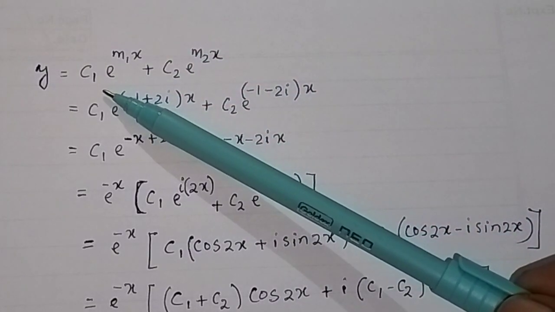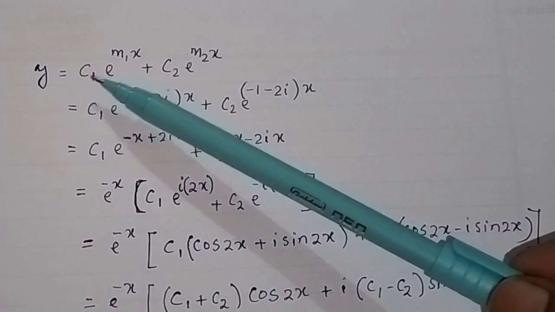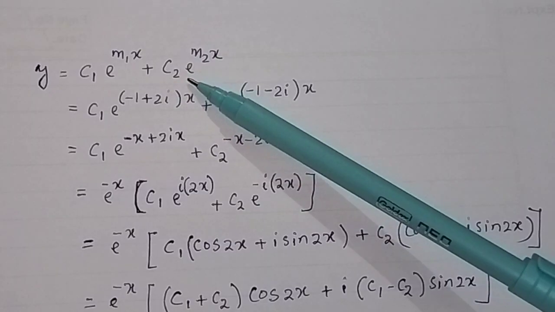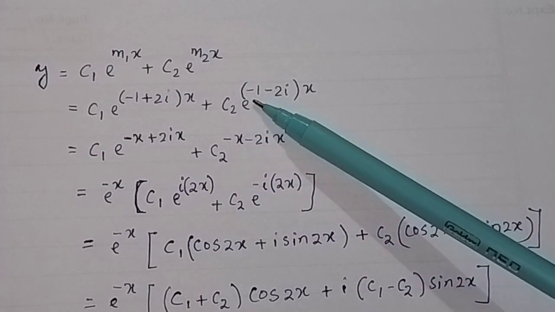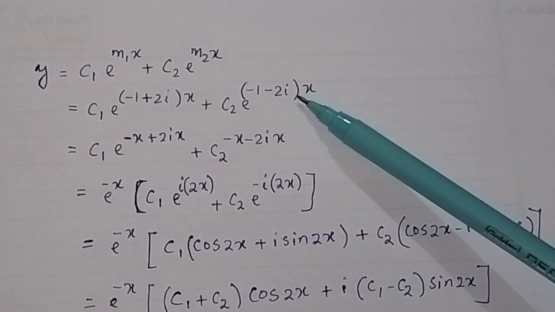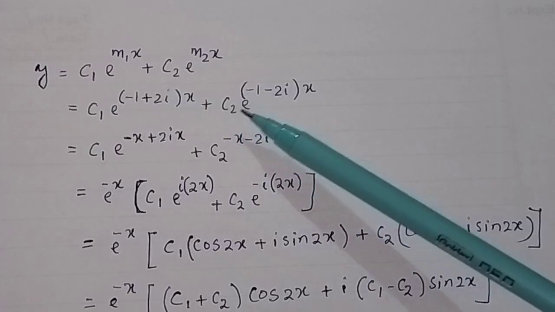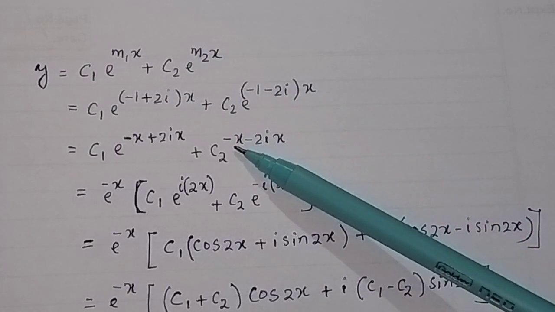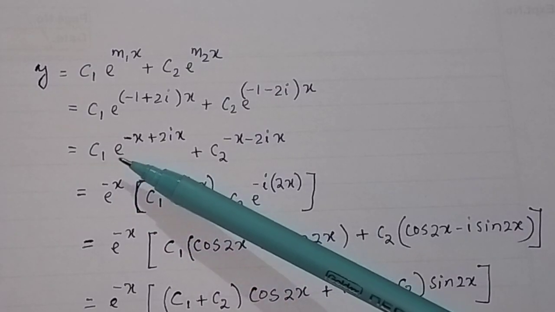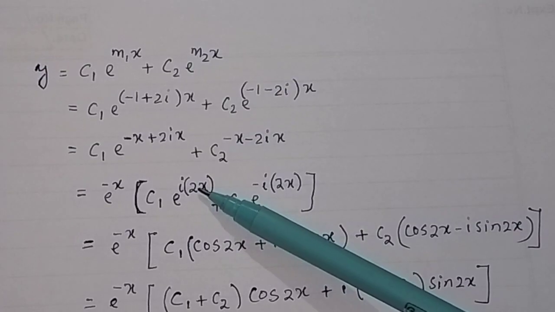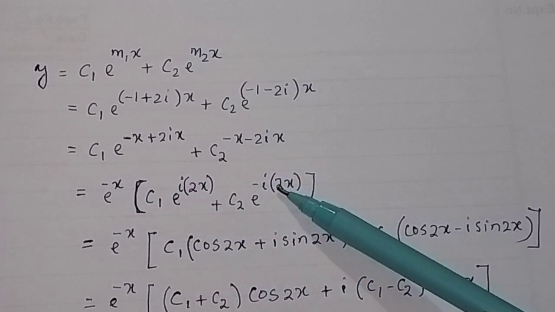The solution y will be c1 e to the power m1x plus c2 e to the power m2x, where m1 is minus 1 plus 2i and m2 is minus 1 minus 2i. Multiplying by x, we get minus x plus 2ix and minus x minus 2ix. Taking e to the power minus x common, we have c1 e to the power 2ix, and c2 e to the power minus 2ix.